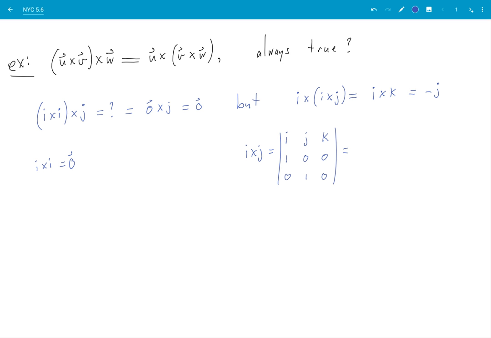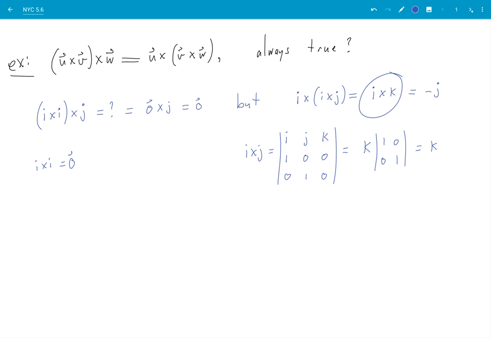Do a determinant down the third column. So all I get is K times this determinant, so I just get K.